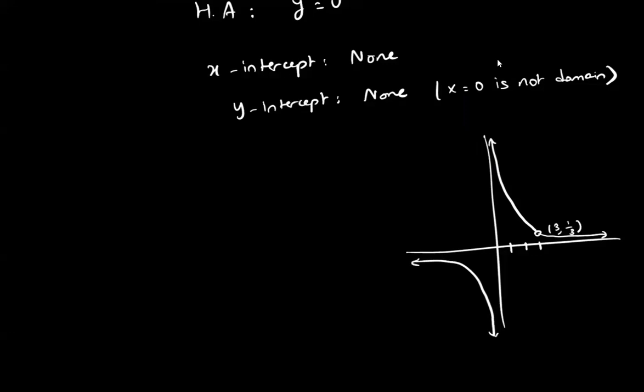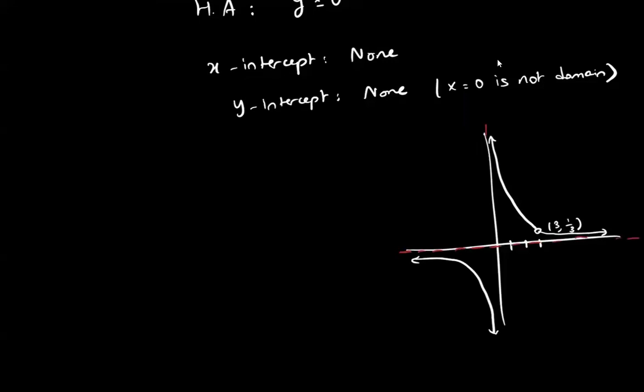Okay. And then you will use dashed lines to show your asymptotes like so. Label them, and that's your graph.